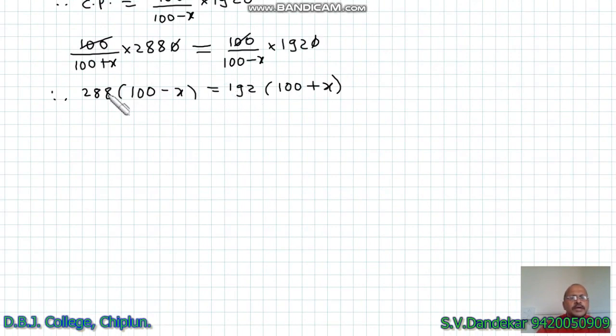Here we can divide by 24. 24 8s are 192, 24 1s are 24, 24 2s are 48.